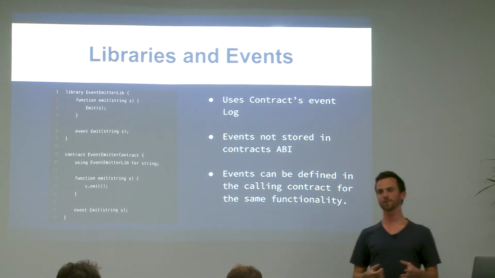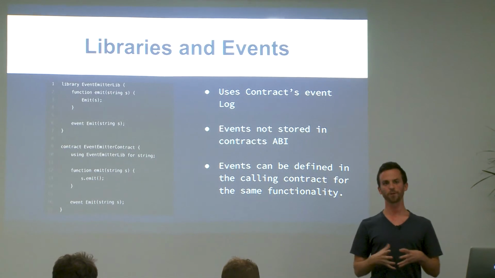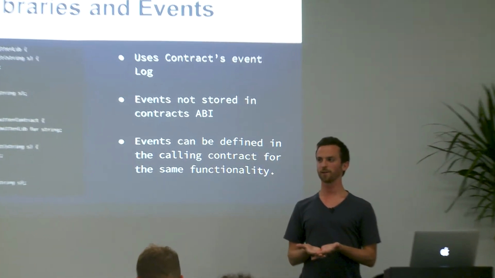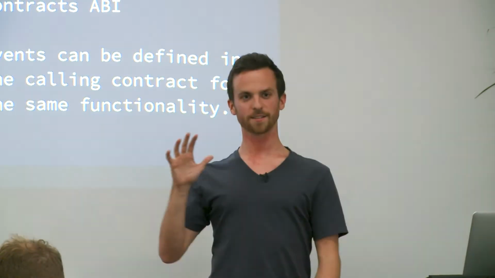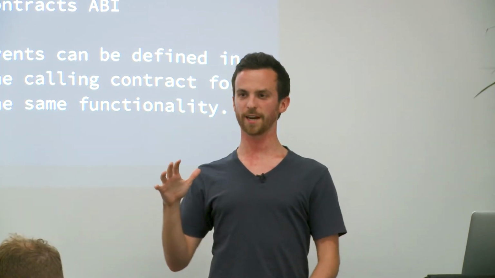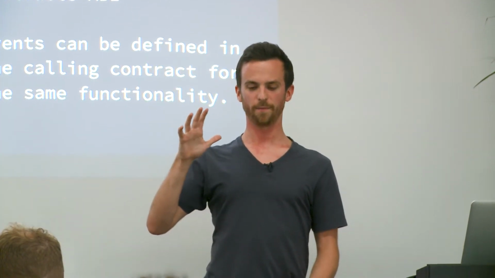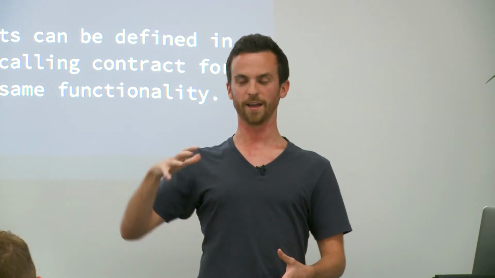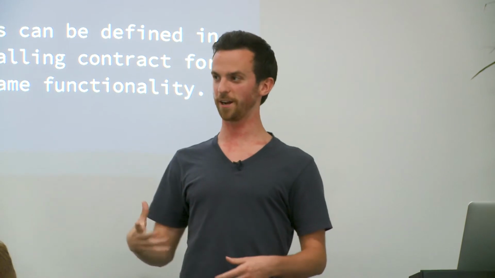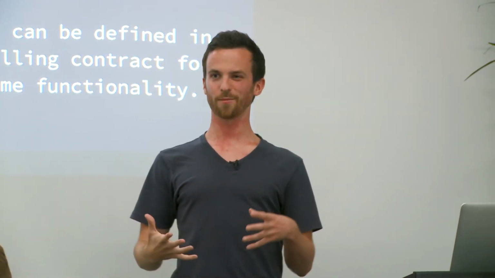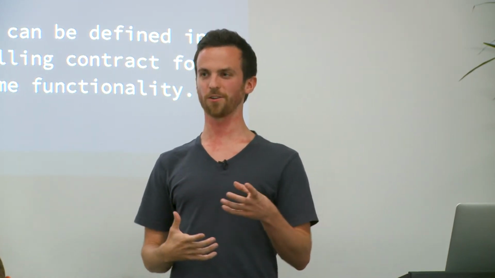But unfortunately, right now, when you compile your Solidity contract, it creates something called an ABI, which is kind of just a JSON file that holds all the information about all the events and functions in that contract. Unfortunately, for any libraries it's including, the logs aren't included in that.